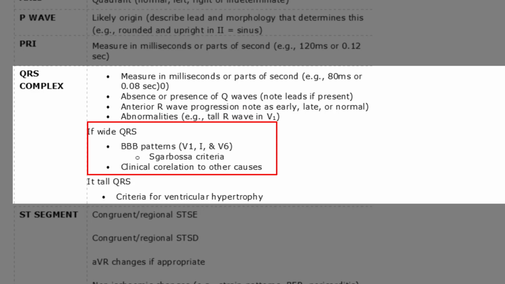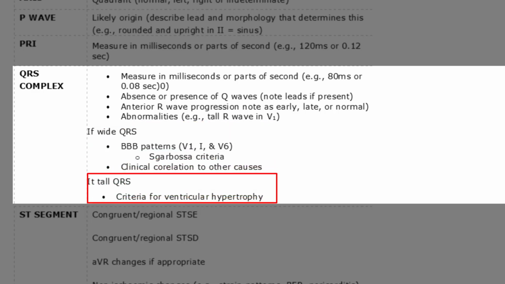And if it's a left bundle branch block, we will be then using the Sgarbossa criteria. And if we've got tall or large amplitude QRSs, the other thing that we might be looking for is the signs associated with ventricular hypertrophy.